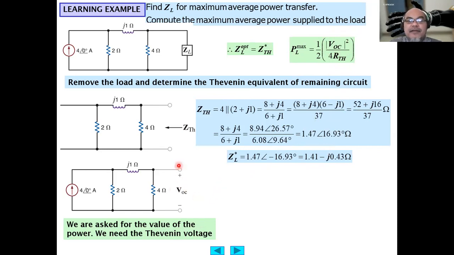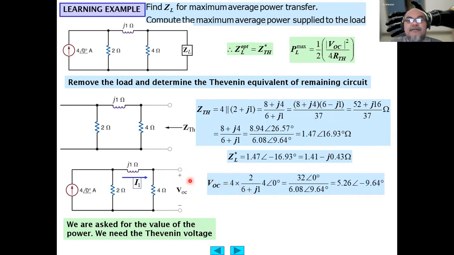Okay, then the VOC here can be calculated by 4 times I1, the current here, and I1 can be calculated using the current divider formula, which is 2 divided by 2 plus 4 plus J1, 6 plus J1, times 4 ampere. Okay, so here we obtain the open circuit voltage to be 5.26 volt with a phase angle of minus 9.64 degrees.